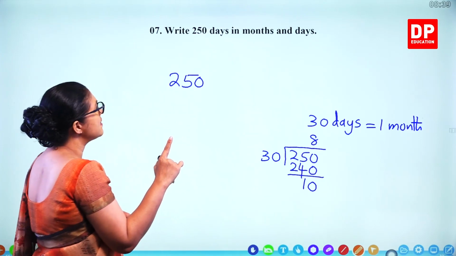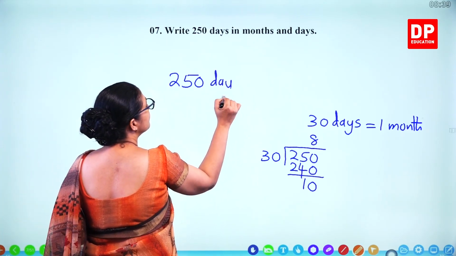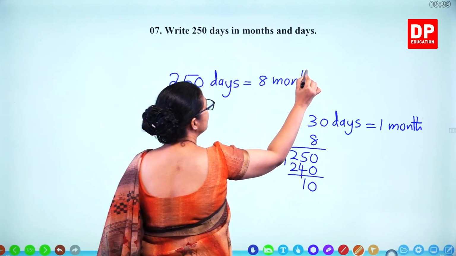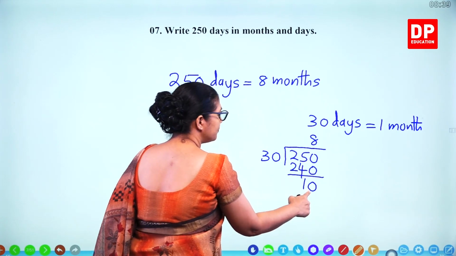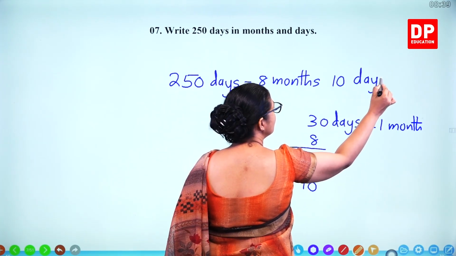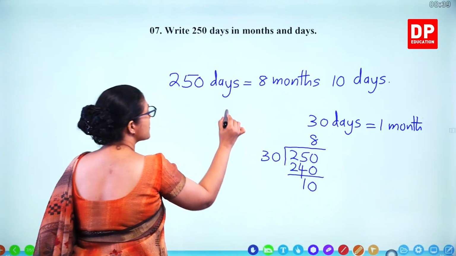So that means 8 months. How many days remaining? 10 days remaining. Two marks.